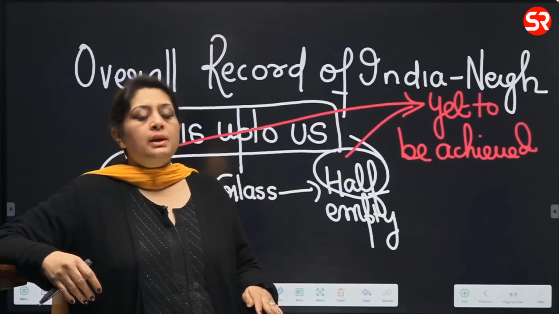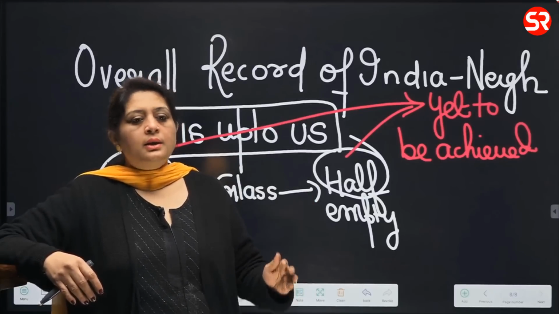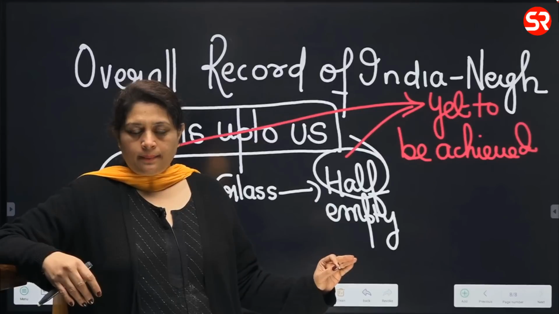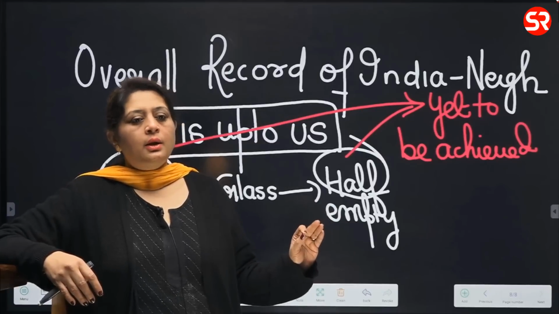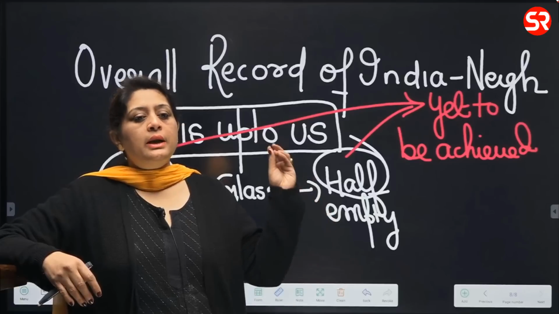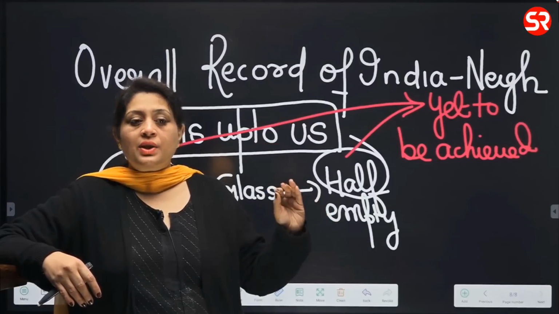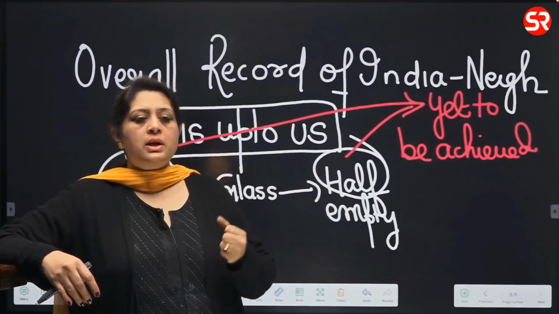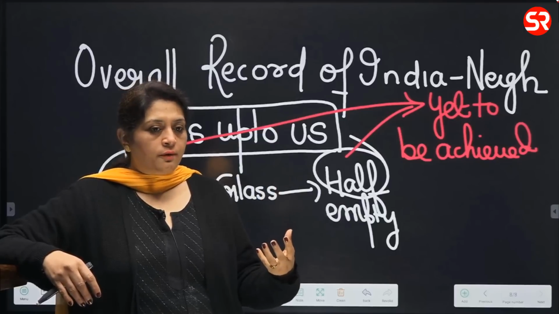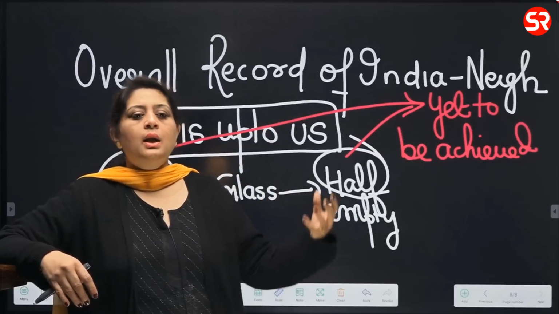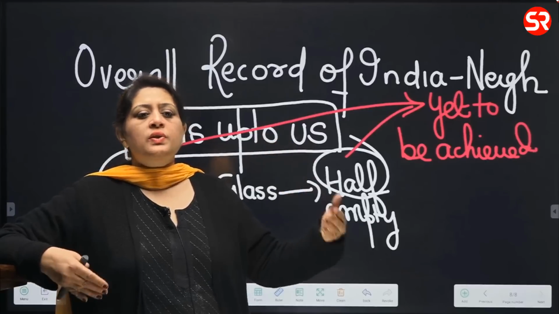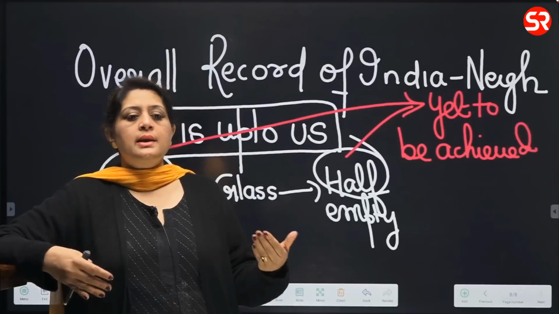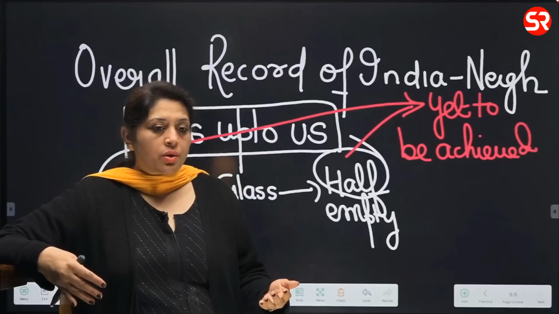We are ignoring the fact that the situations are really very challenging, especially because of the involvement of the external powers, the geopolitical and geostrategic significance of South Asia, the type of society where still there is poverty, there is ignorance, we have limited resources.